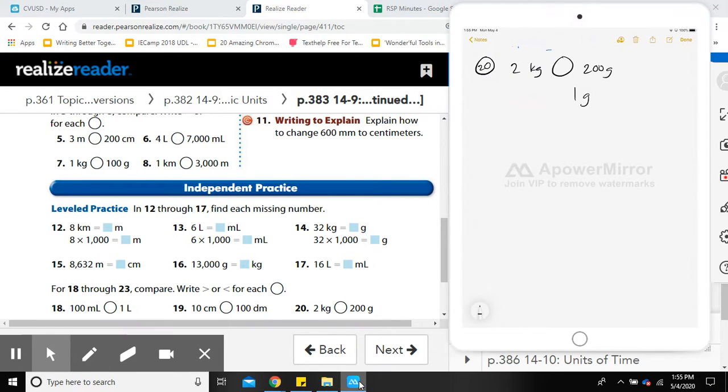Sorry guys, I wrote that wrong. Okay, so 1 kilogram is equal to 1,000 grams.